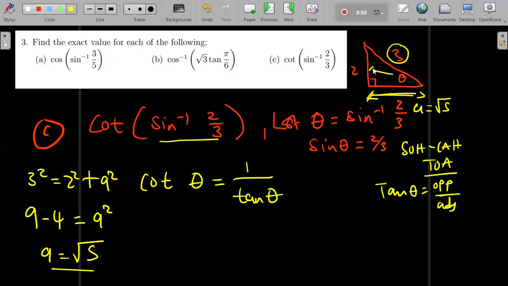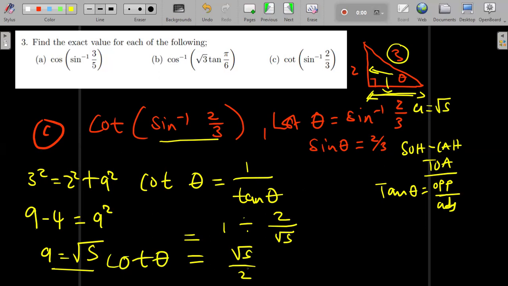Our opposite will be 2, and our adjacent will be root of 5. So this is 1 divided by 2 over root of 5, which is root of 5 divided by 2. So cot theta will just be equal to root of 5 divided by 2.